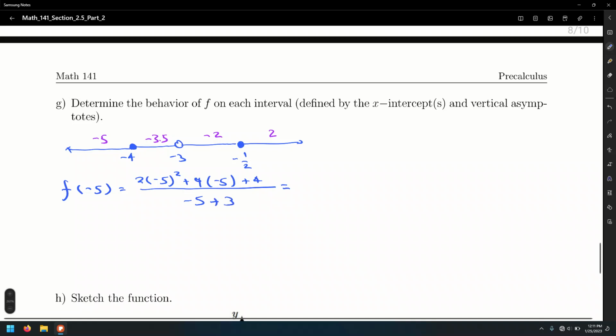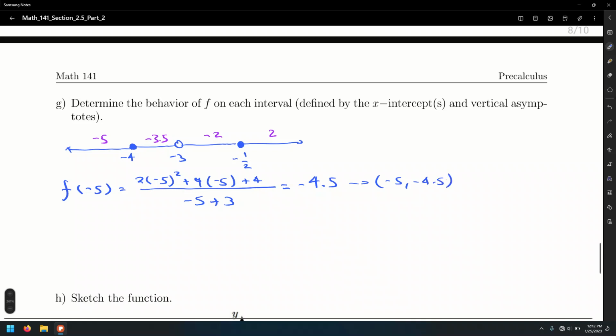After simplifying all these numbers, we should get negative 4.5. And in this case, that's going to give us the ordered pair negative 5, negative 4.5.